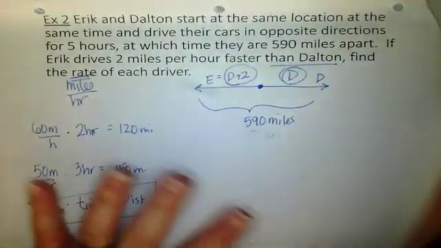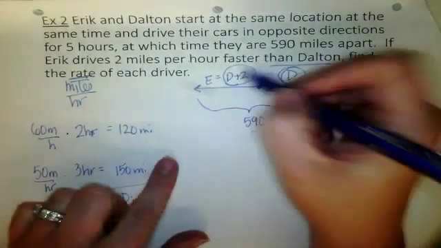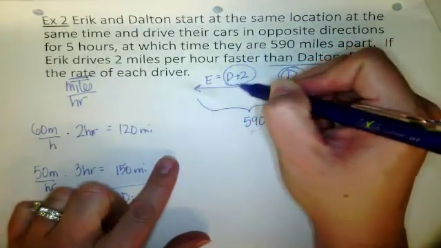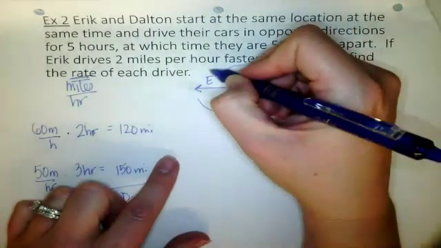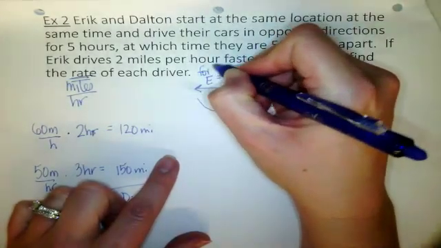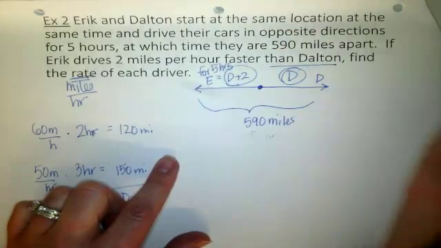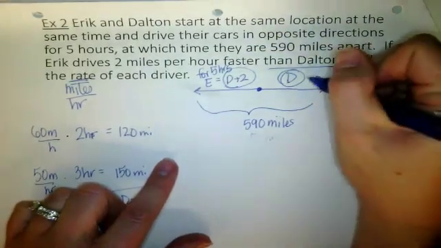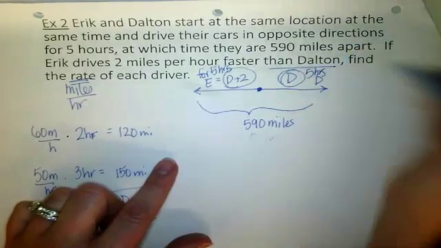We have a total distance of 590 miles. How many hours did Eric drive for? Oh, for 5 hours. Okay, sorry. I had a big brain fart here. And how much time did Dalton drive for? 5 hours. Okay.